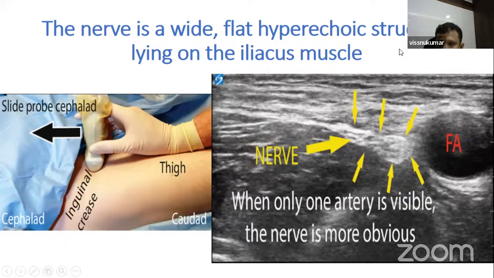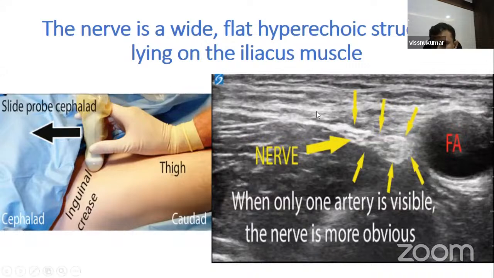Whenever you do a blind block or a nerve stimulator guided block, even if your needle is here, you may elicit quadriceps twitching, but ultrasound guided injection is the only one that gives 100% results, because even if you elicit nerve stimulation, some amount of drug will be present outside the fascia iliaca, so it may not directly act on the nerve and it is not going to give a complete effect. So the best modality to block the femoral nerve is ultrasound guided.